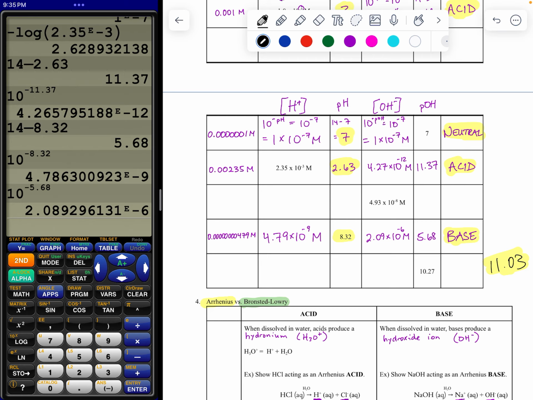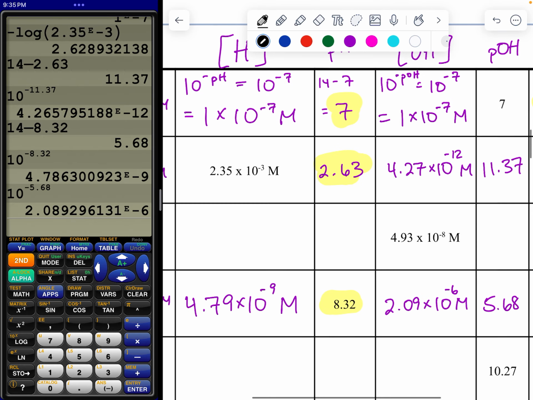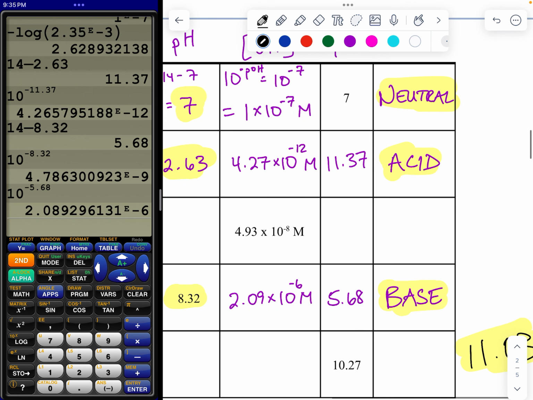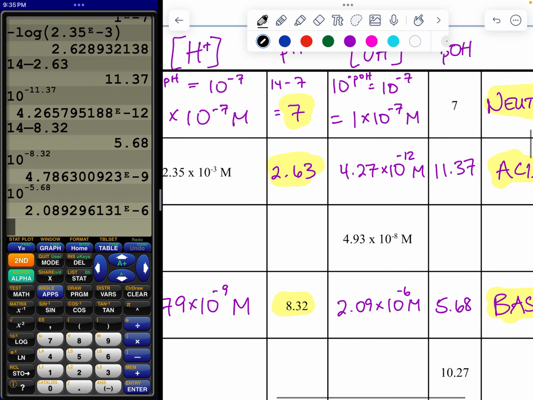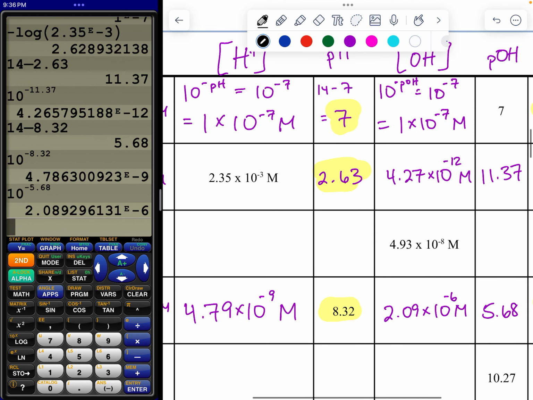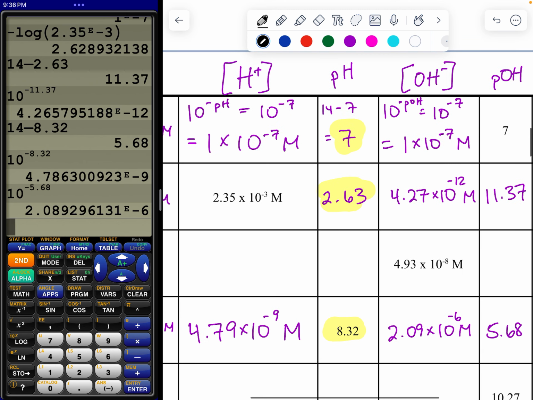One last thing I want to show you, and how this is really cool, is notice how we determined that this is an acid. And we see that because of the pH value, right? That's pretty straightforward, less than 7. But I want you to pay attention to the actual concentrations of the H and the OH, right? OH is base, H plus is acid.